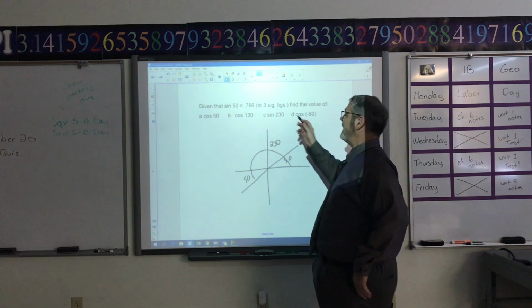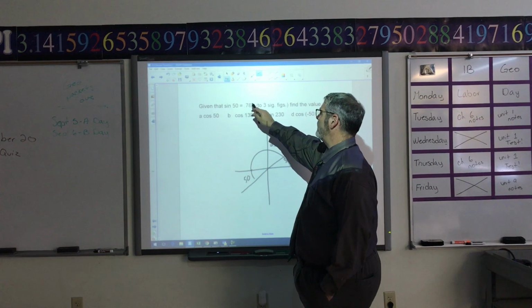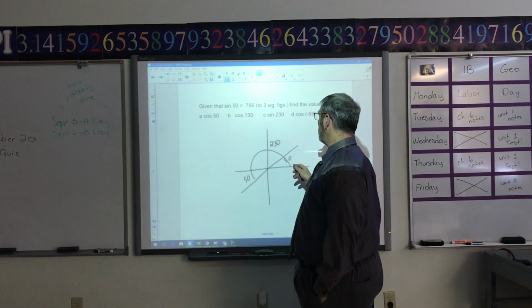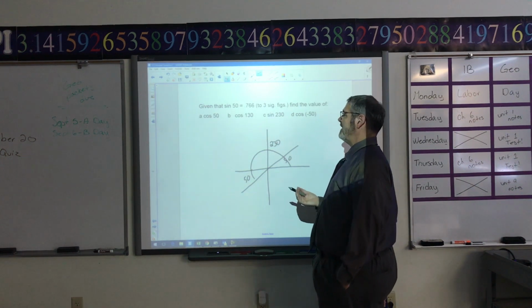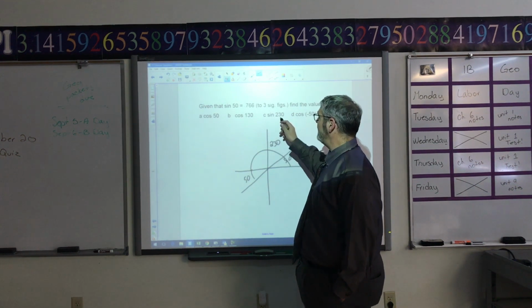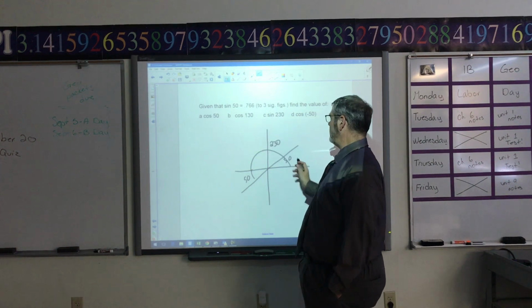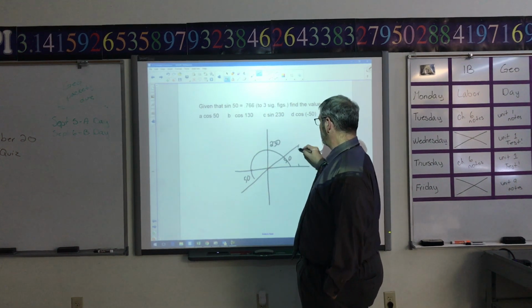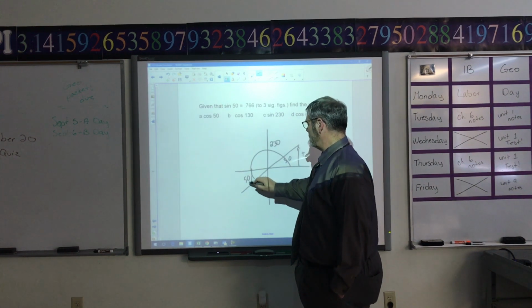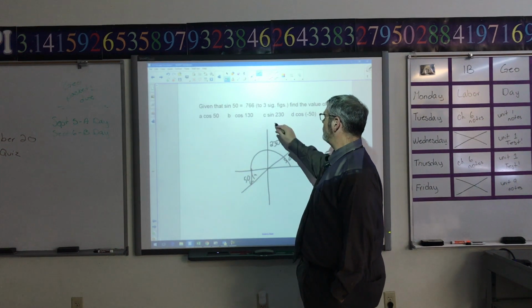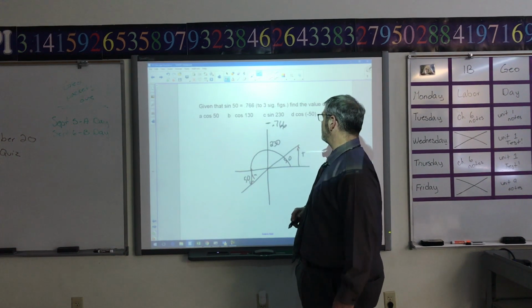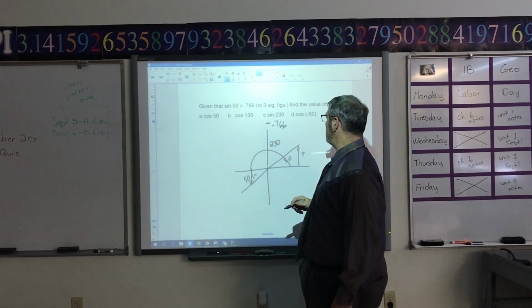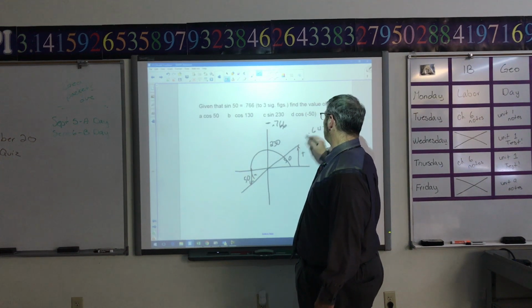Now, we know that the sine of 50 is 0.766. So the sine of 230 is going to be the exact same value as the sine of 50, only this is in the positive direction, and this is going to be in the negative direction. So this is going to be negative 0.766.